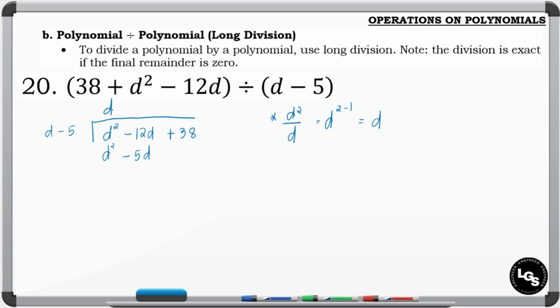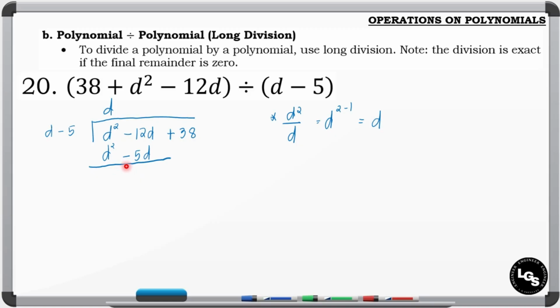If we are done multiplying the quotient with the divisor, the next thing to do is to subtract. So we subtract the product of the quotient and divisor from the dividend.